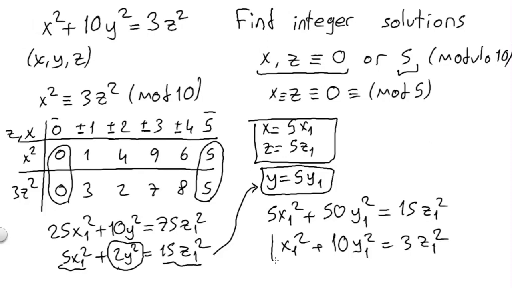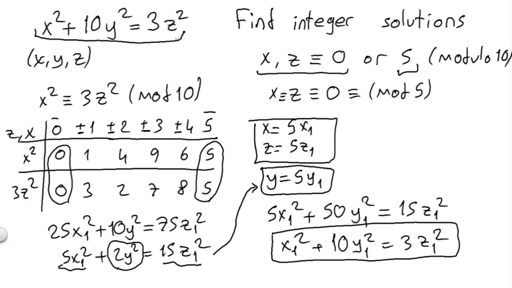Now this is interesting, because if you look at this one and our original equation, they're exactly the same, with x1, y1, z1 instead of x, y, z. So if x, y, and z is a solution, then x1, y1, z1 is also a solution, which means that x over 5, y over 5, z over 5 is also a solution.